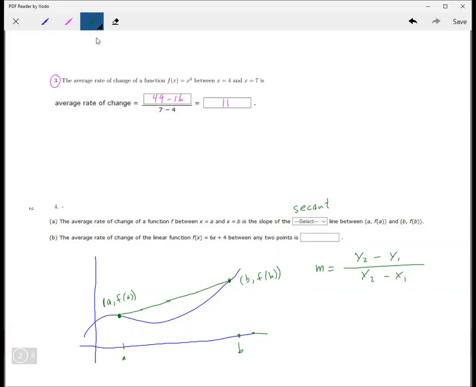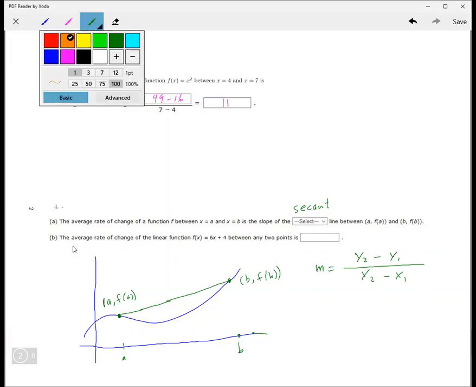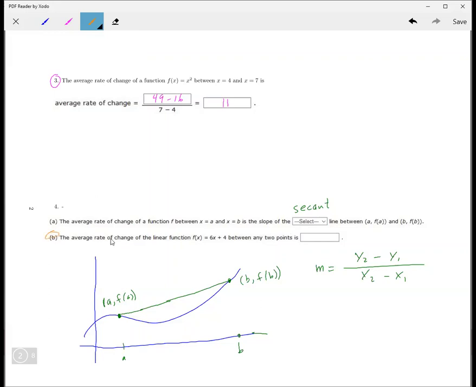the average rate of change of the linear function between any points, that's going to be 6.